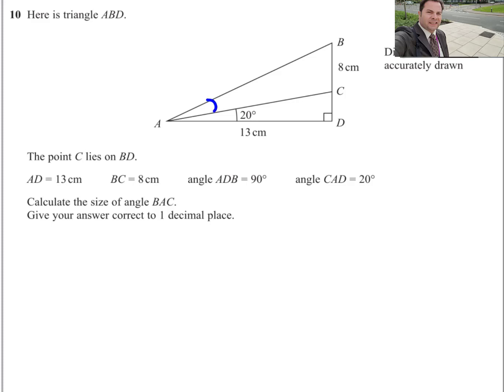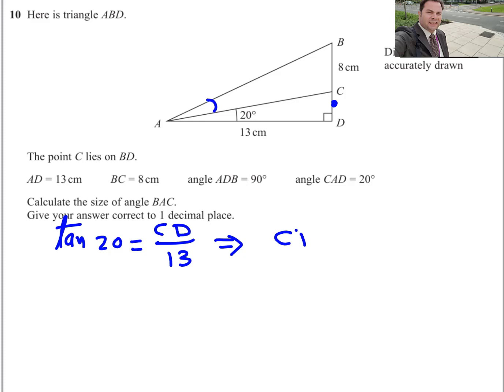We already have two right-angled triangles. ACD. First, if I start with triangle ACD, it's a right-angled triangle, so you can find the length of the side by using tan. Tan 20 is equal to the opposite, which is CD, over the adjacent, which is 13.